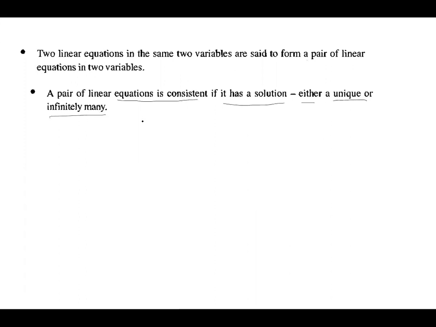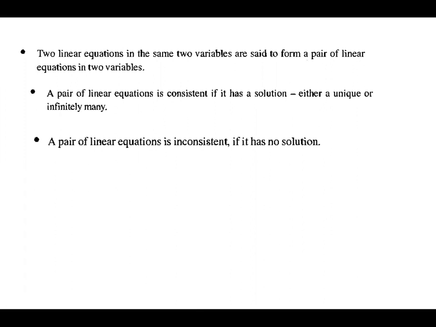I know these two terms are confusing, but while solving some questions, we will come to know. A pair of linear equations is inconsistent. So one is consistent, that means there is a solution, we can find x and y, and sometimes it is inconsistent when it has no solution.